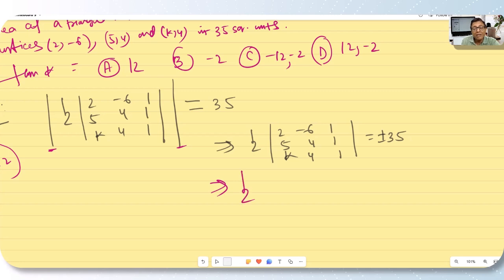Now expand in terms of the first column. This will be 2 into 0 minus 5 into (minus 6 minus 4) plus K into (minus 6 minus 4).